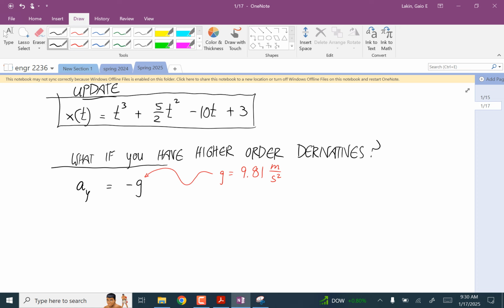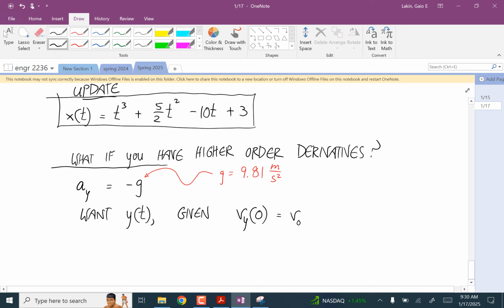And let's say we want to find y as a function of time, given that the y component of the velocity when time is equal to 0 is v0. And given that the y position when time is equal to 0, we call y0.